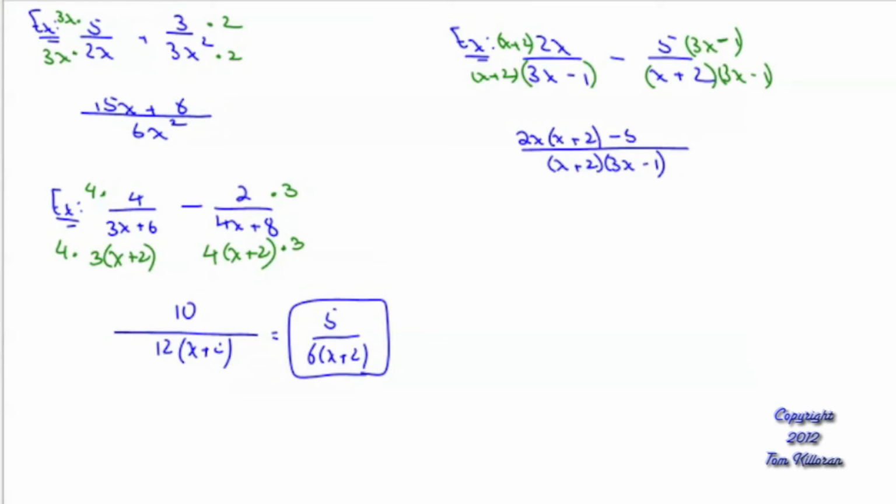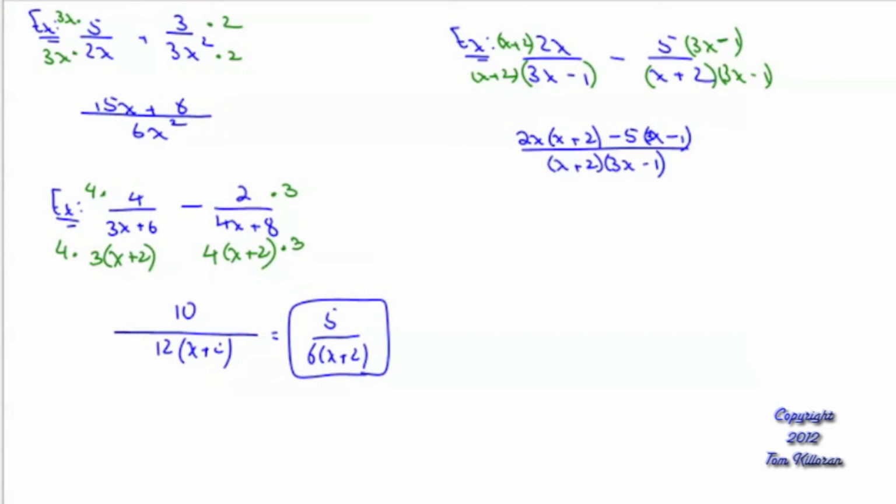And there's a reason that I don't want you to foil this out or distribute it out first. Most people, when they do this, they'll get the first one right. They'll get the negative 15x, and then they'll write something like plus 5. But it really should be, well, I'm sorry, minus 5, but it really should be plus 5. If you do it this way, the negative 5 is what you're carrying through and not just the 5.